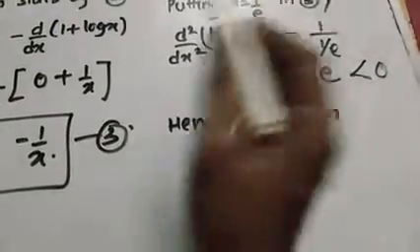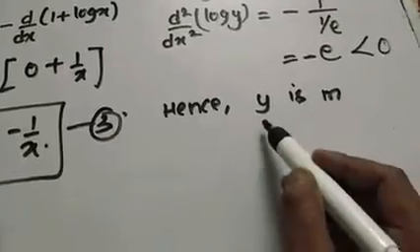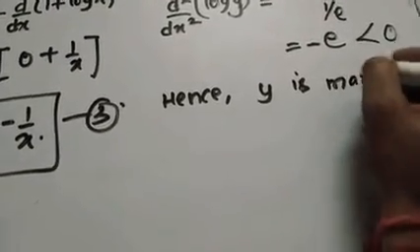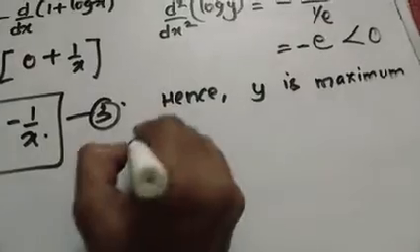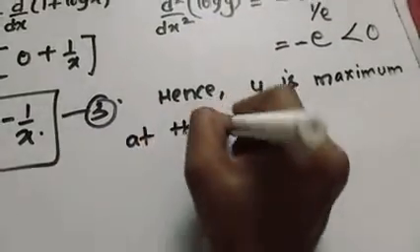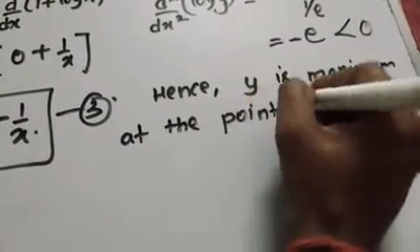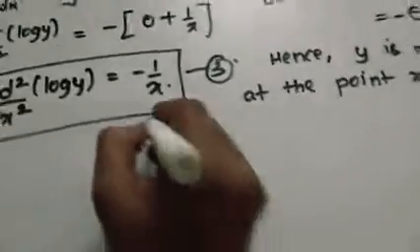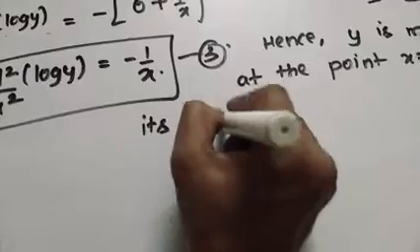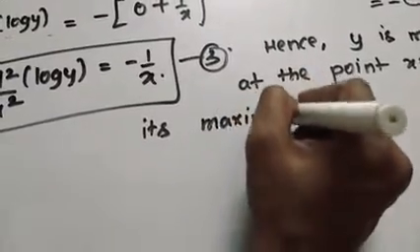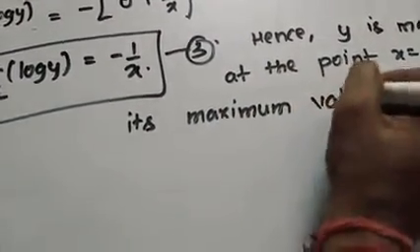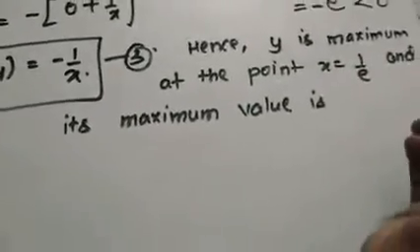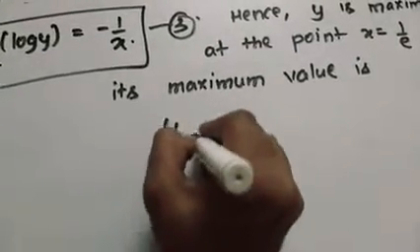Log y maximum means y is maximum. So I can directly write y is maximum at the point x equals 1 by e, and its maximum value is, how to find the maximum value, that is y max.